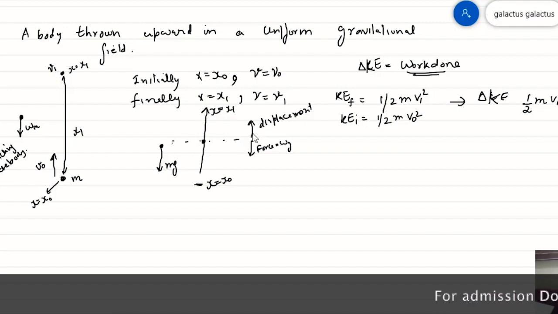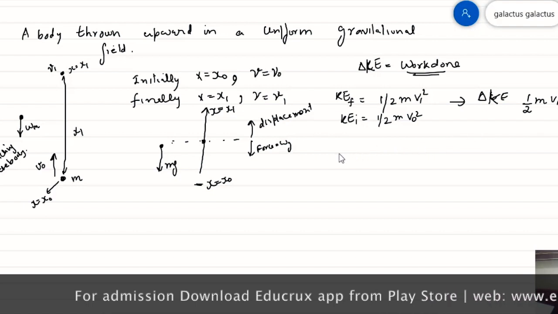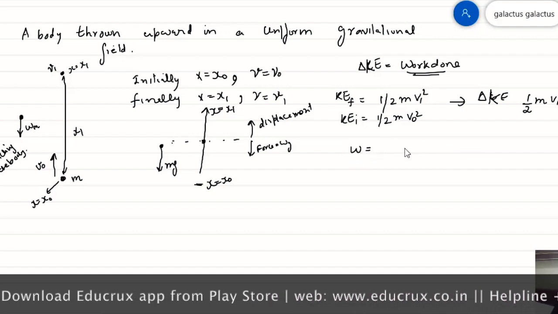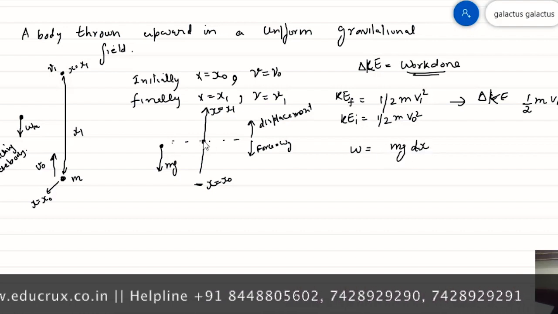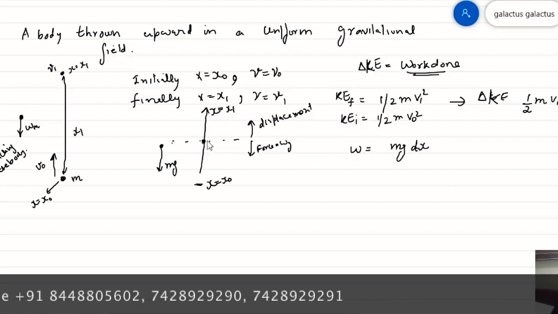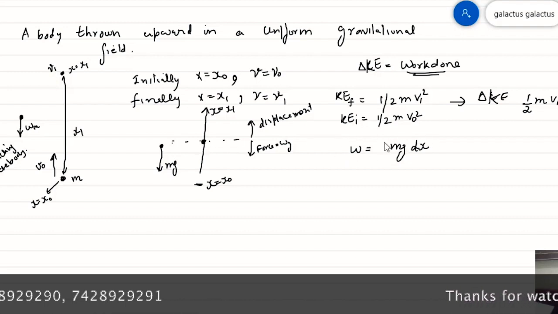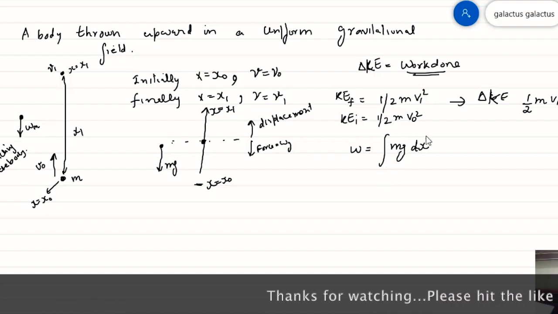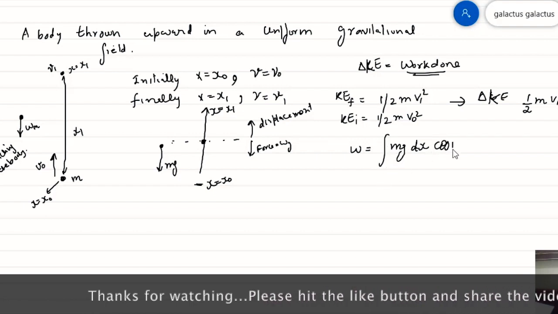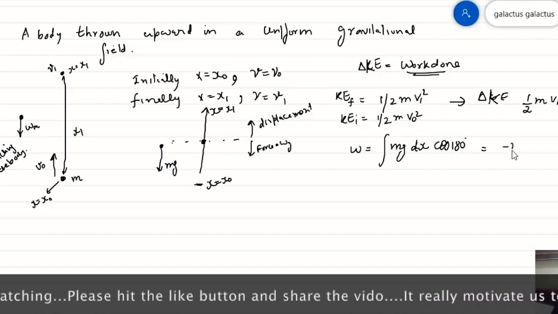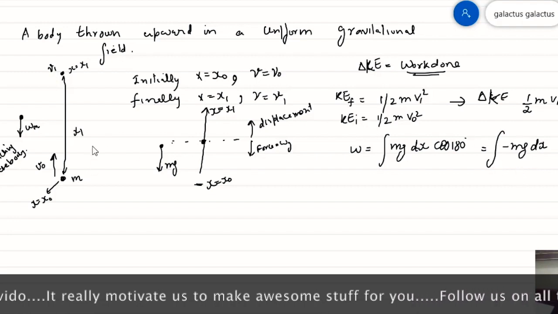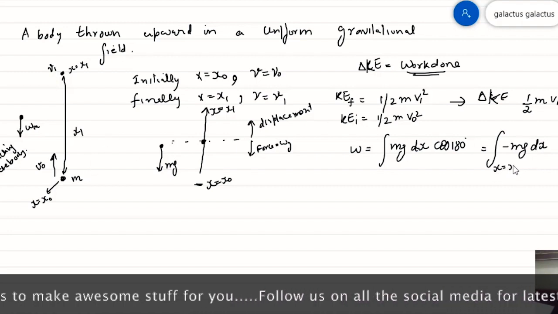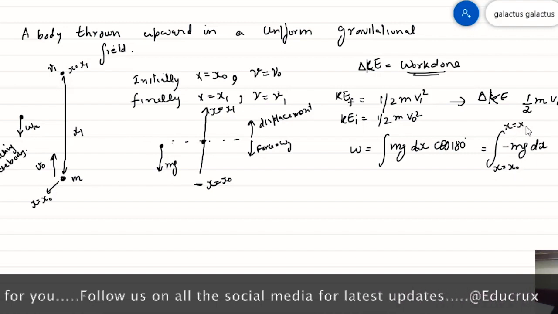These two quantities make an angle of 180 degrees. So my work will be equal to mg dx, where dx is the small displacement it covered, times cos 180 degrees. So it will be minus mg dx, and my body is moving from x is equal to x naught to x is equal to x1.